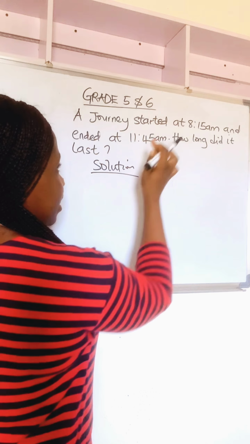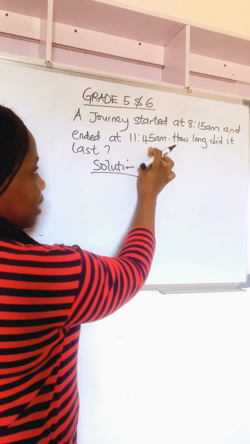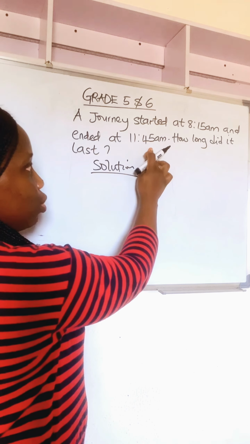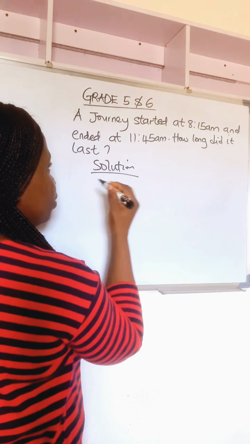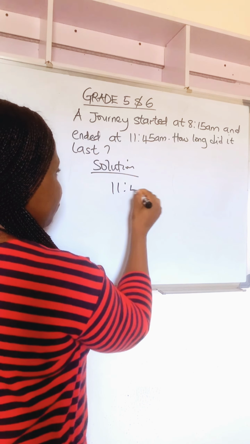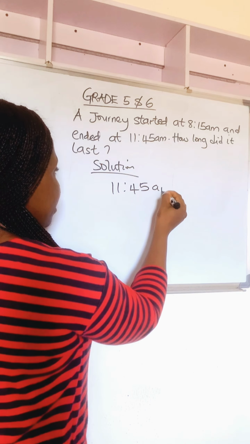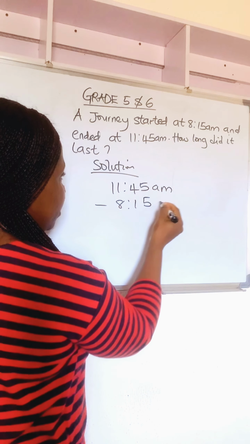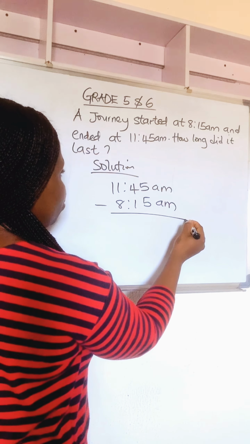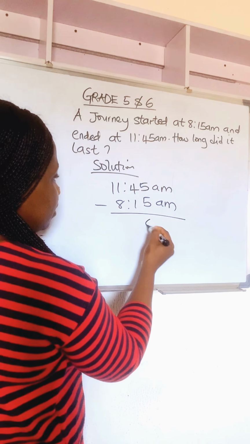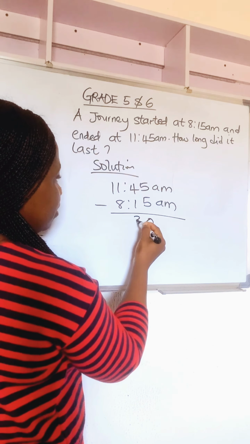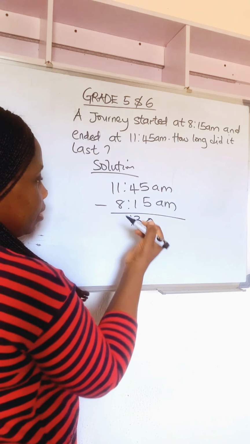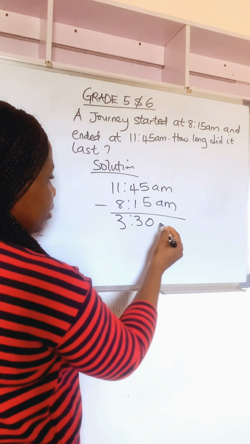The journey started at 8:15 and ended at 11:45. So we're going to be subtracting this from this. So what you just do is you say 11:45 a.m. minus 8:15 a.m. So this take away this is 0, this take away this is 3, 11 take away 8 is 3.